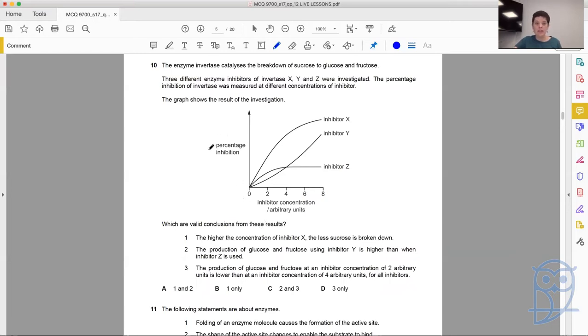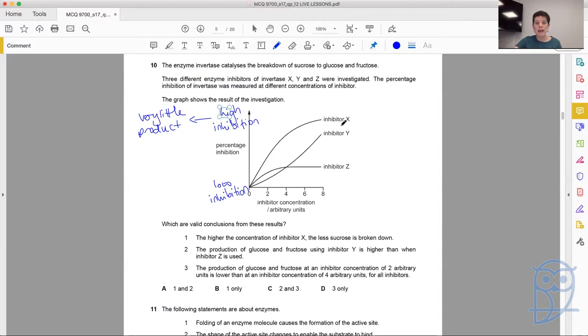So percentage inhibition, okay? So this means that at the top here we have high inhibition, whereas down here we have low inhibition. So it's a little bit different from the graphs we normally look at for inhibition. So we need to take the time to understand. So inhibition would mean very little product.